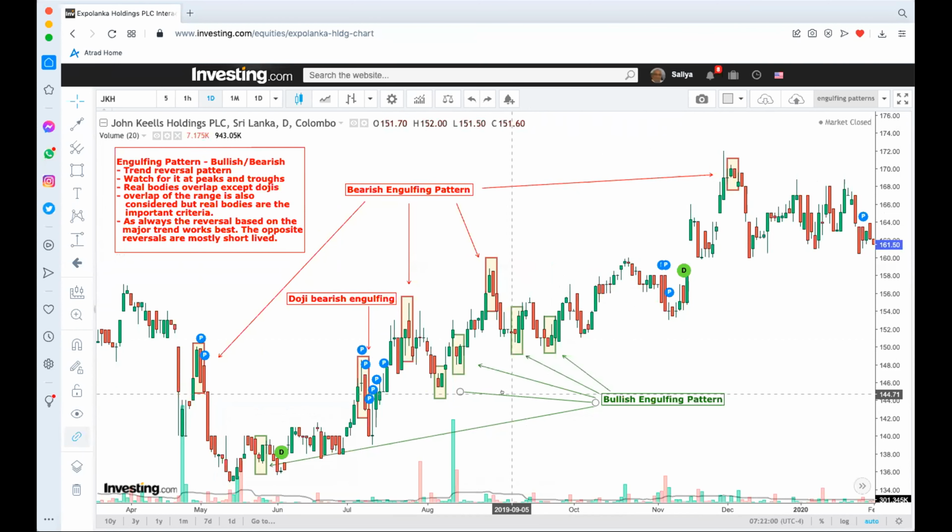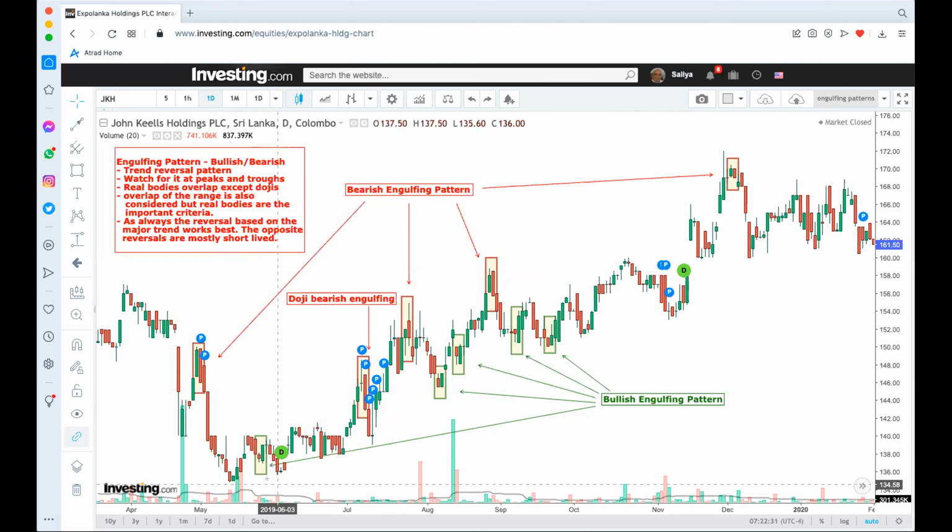Then the other thing is the accuracy or the success of either the bullish or the bearish engulfing pattern is clearly seen here as a result of this uptrend. Whoever took positions with a stop loss below this area would not have got out of that trade due to stopping the trade.